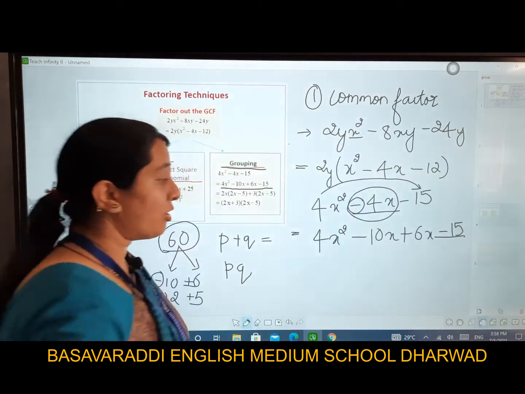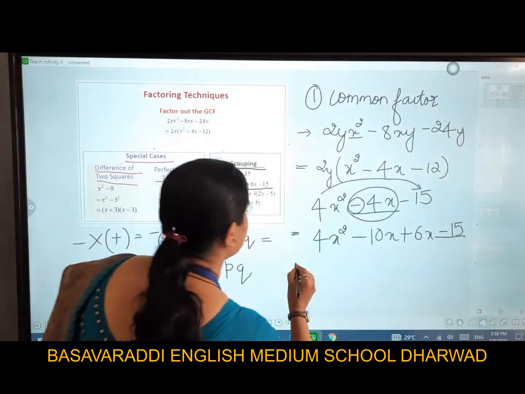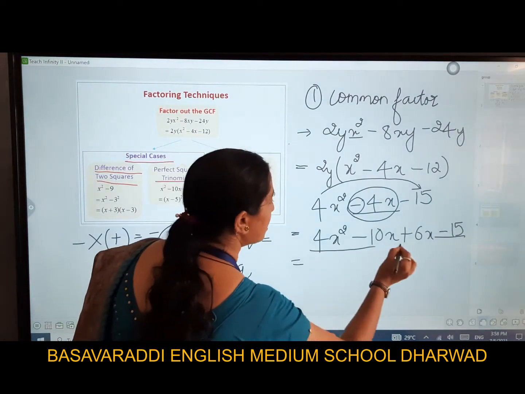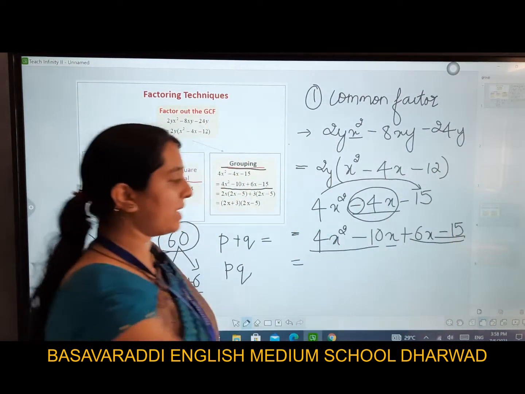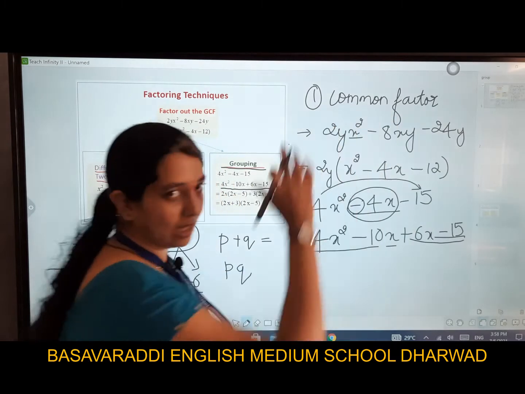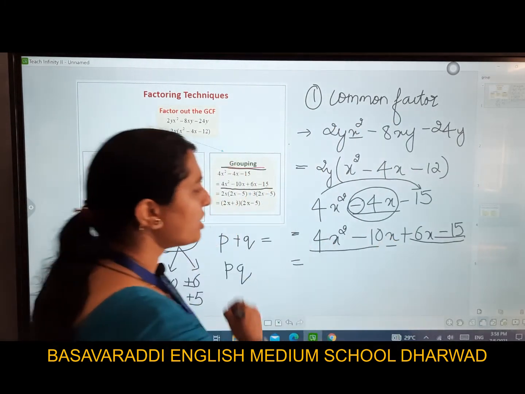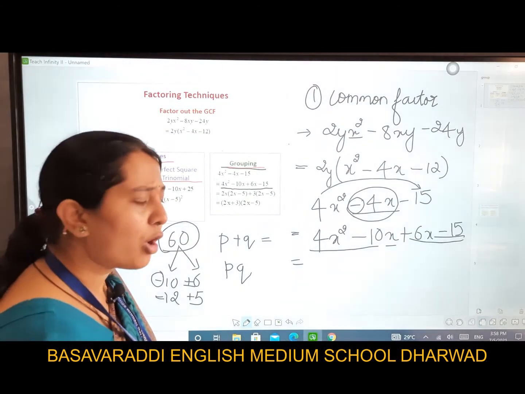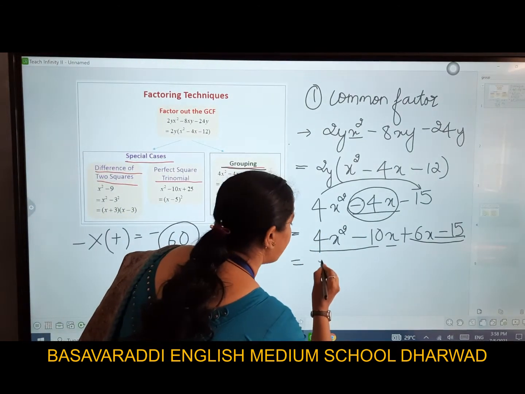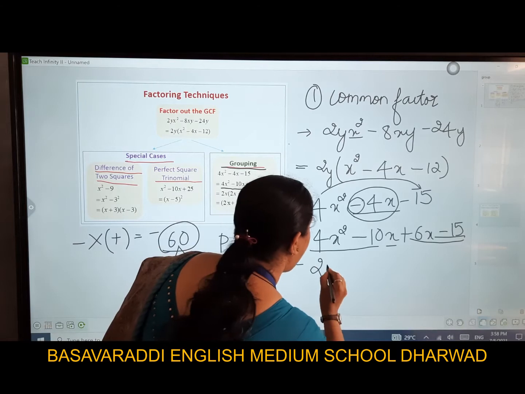Now can we find out the common terms here? Yes. So if you observe these two, let's group them. They are already grouped there. That's why we are saying grouping terms. What is common here? We have 2x.